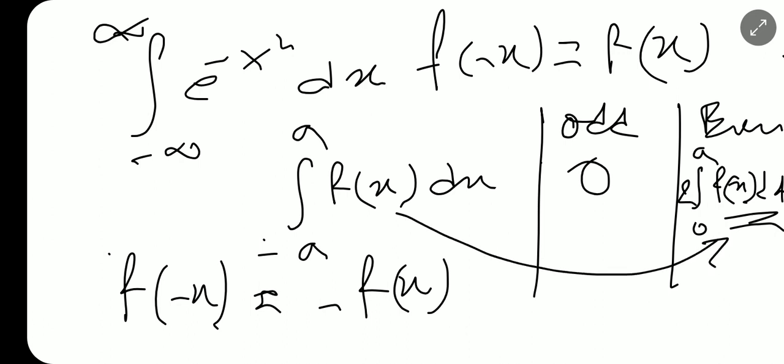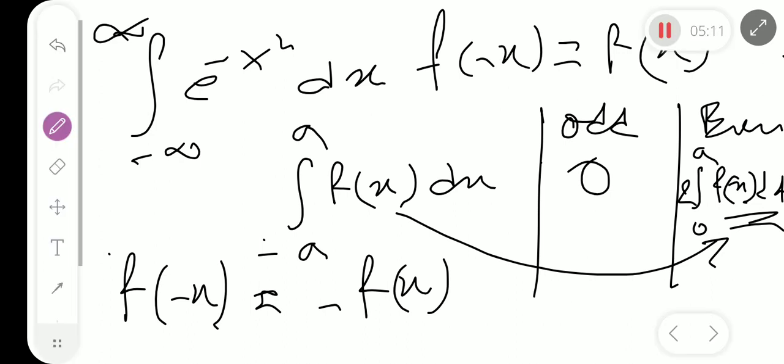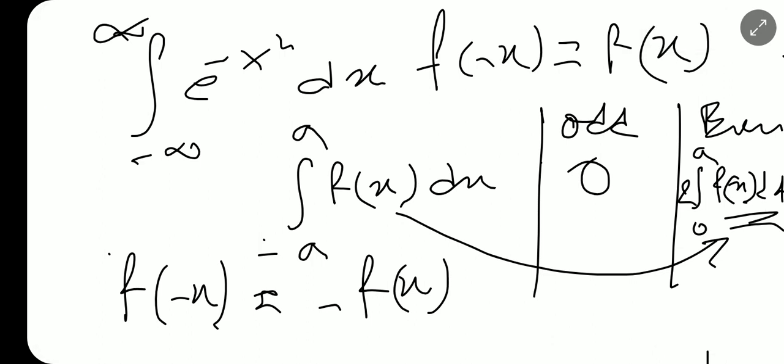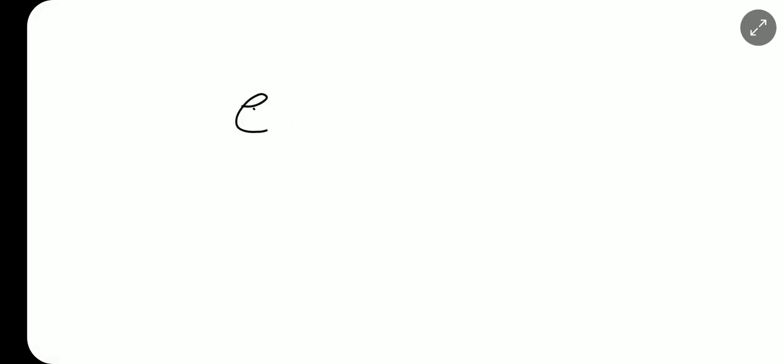And here the function is e to the power minus x square. So we can't easily say whether the function is even or odd, because it is a bit difficult to justify.